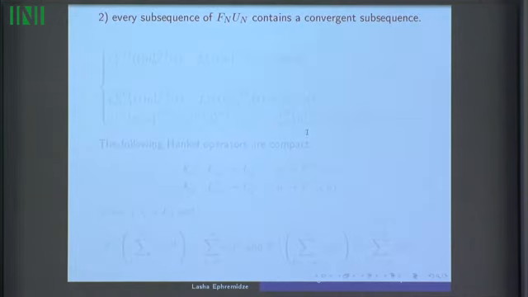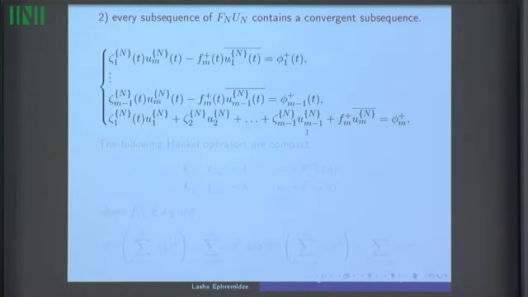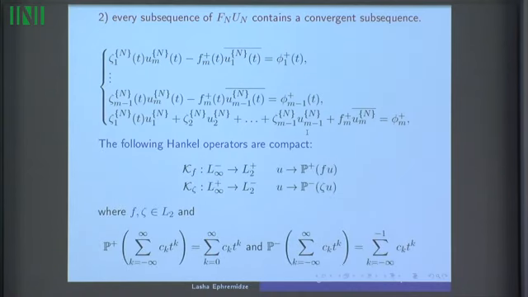And next, a little bit more difficult, but I tried to explain this without intensive formulas. We use the compactness of these operators, Hankel type operators, which act from this space to this space.